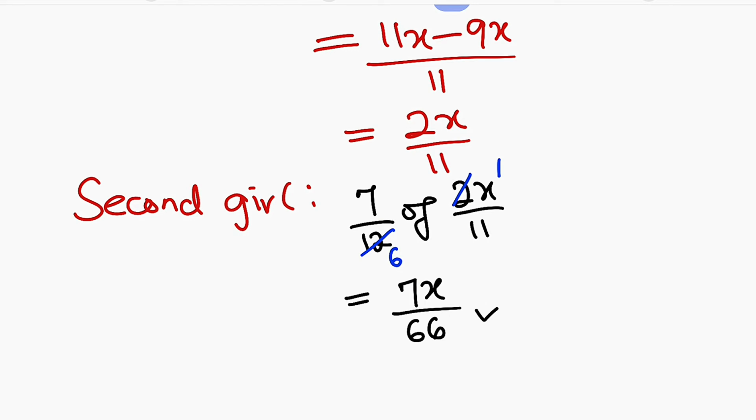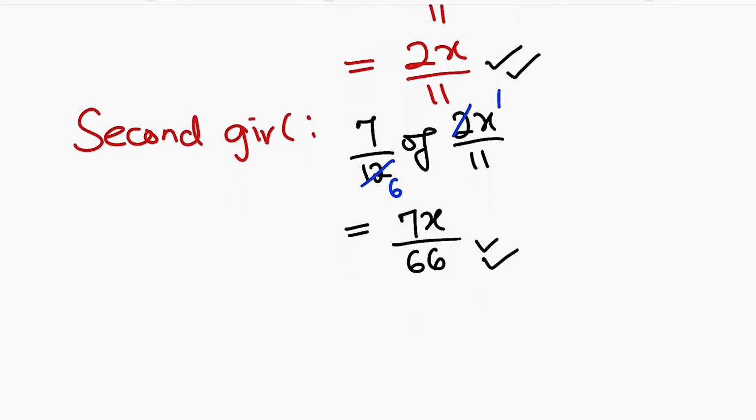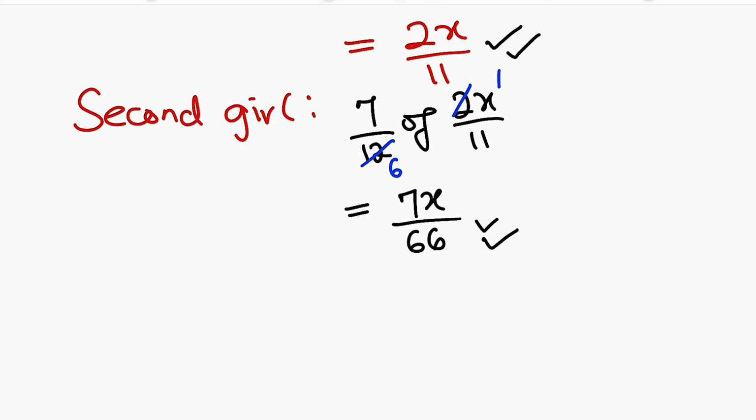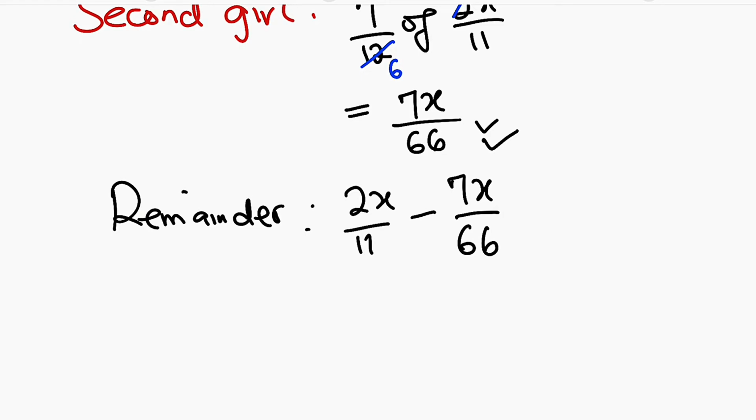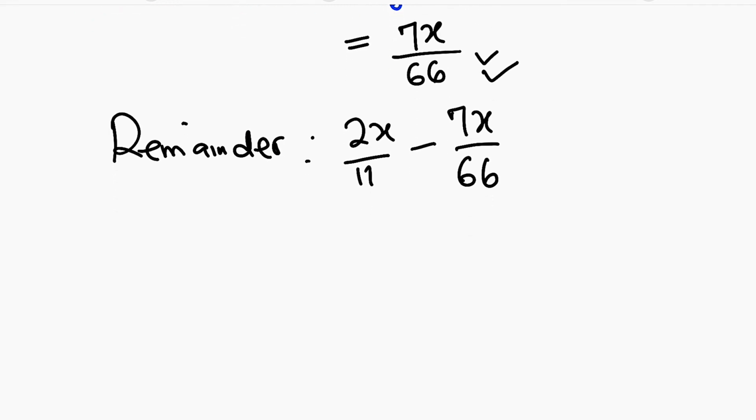And remember that she has gotten this share from the remainder, which is 2x over 11. So if we want to find what is left, we have to subtract this from the remainder. Okay, let's get the remainder. And the remainder is what the youngest girl should get. 2x over 11 minus 7x over 66. We can make the denominators the same by multiplying this by 6. We have to equally multiply the top by 6.